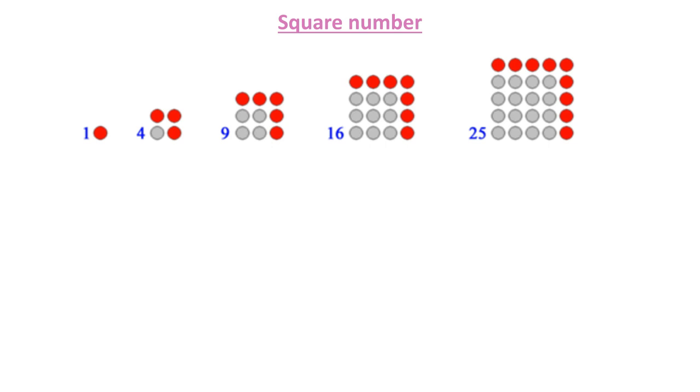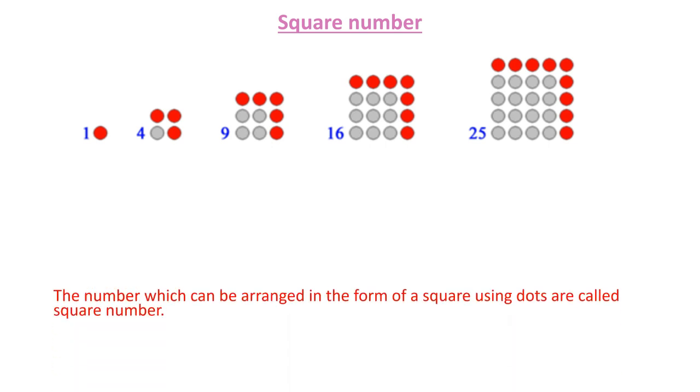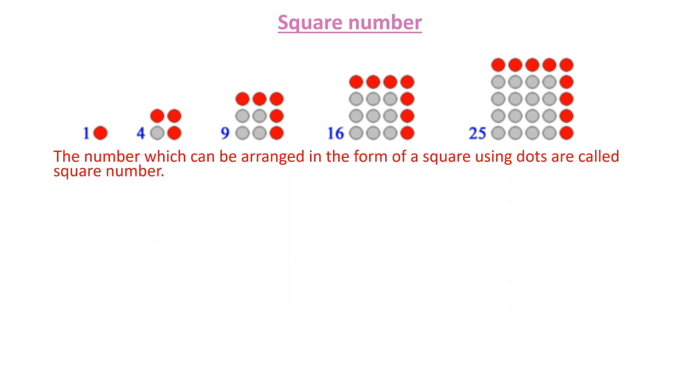You can find here that all these dots are arranged in a square shape. Therefore, we can define a square number as a number which can be arranged in the form of a square using dots.